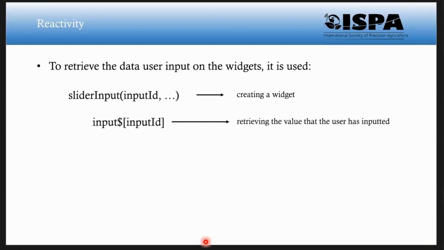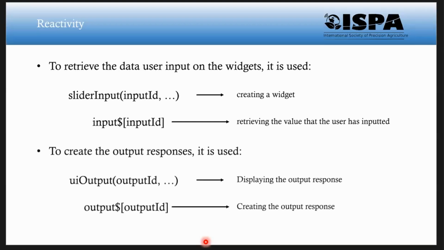And then input$ and the same input ID, the same name, we retrieve the value that the user has inputted. So let's suppose that the user selected a value of 3 on this slider. To get this value of 3 that the user input, we use input$ and the input name.